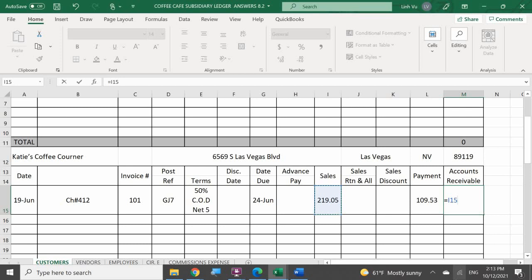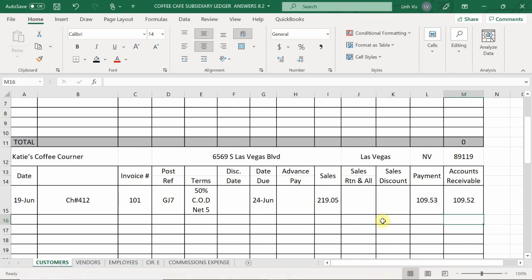Anything that counters it is advance payments, returns, discounts, and payments. So my total accounts receivable is $109.52, which is correct, because that's exactly what invoice 101 tells us she owes me after she paid 50% COD.